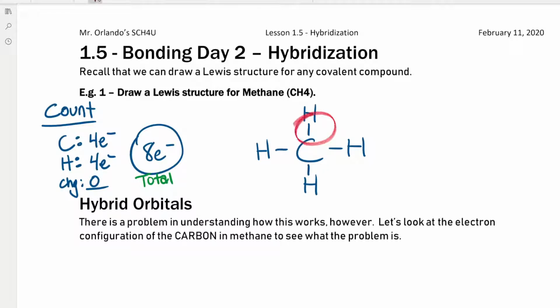And we have 2, 4, 6, 8. And we're supposed to have 2, 4, 6, 8. So that's the structure. And it works. Because each hydrogen has 2 electrons around it, which is what we want. And the carbon has 8 electrons around it, which is what it wants. So we can look at that and say, great, that's the structure.